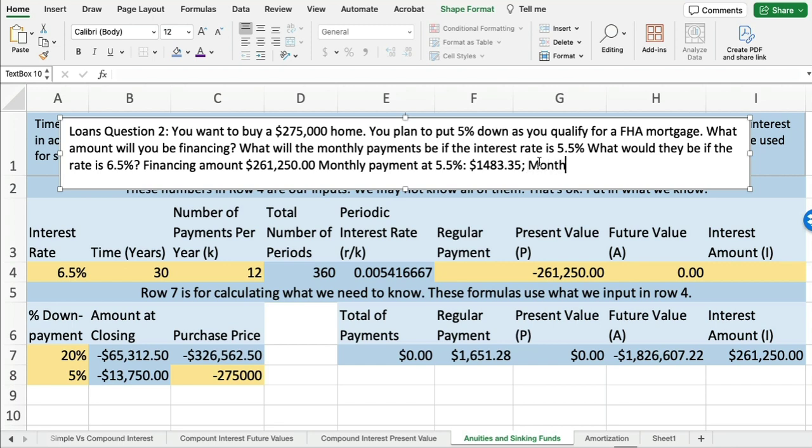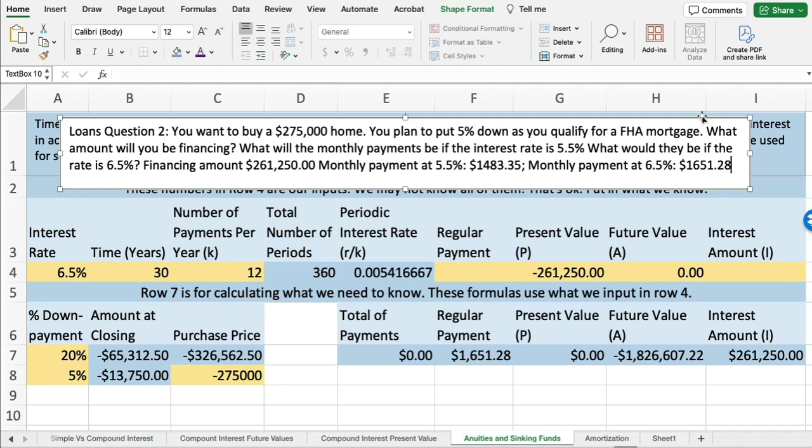The monthly payment is 1,651.28. So it's almost $200 more per month if the interest rate goes up from 5.5% to 6.5%.